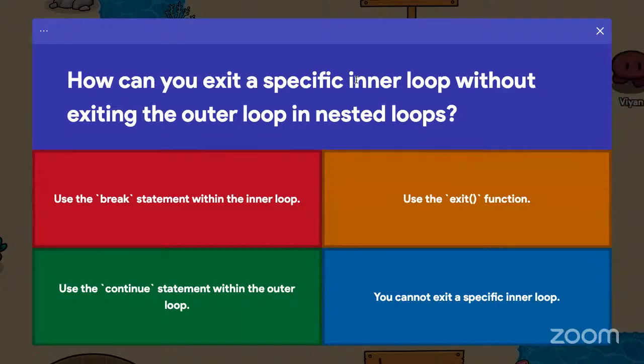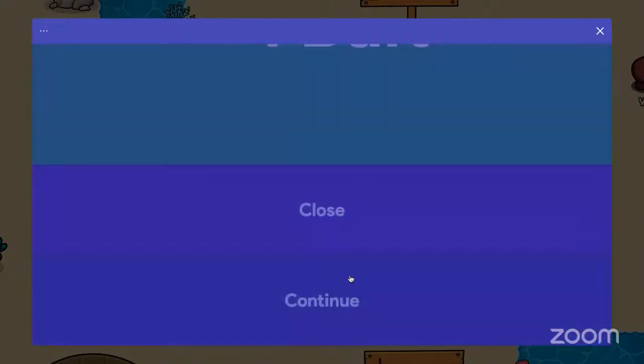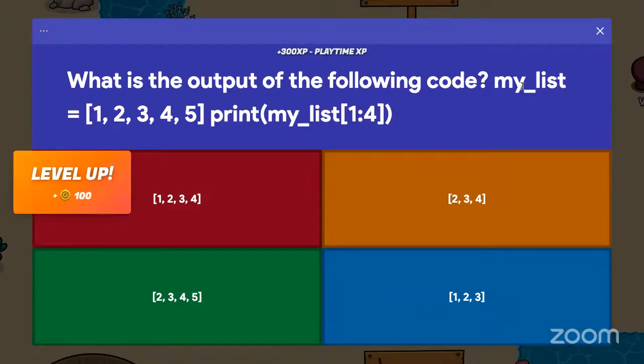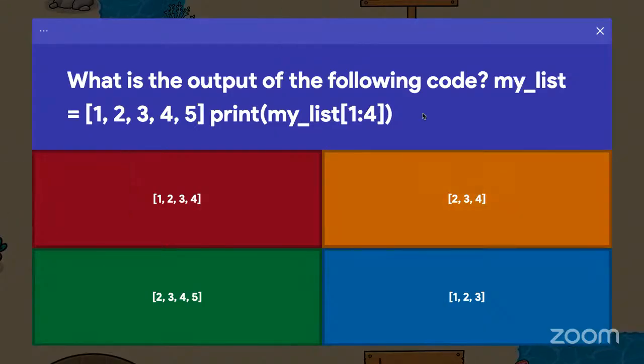Oh yeah, this question, the answer is break. You can use the break statement to exit the loop. Wait, after this, it's just gonna be Gimkit, right? Yeah, we have the Gimkit, and then I'll tell you guys the homework.